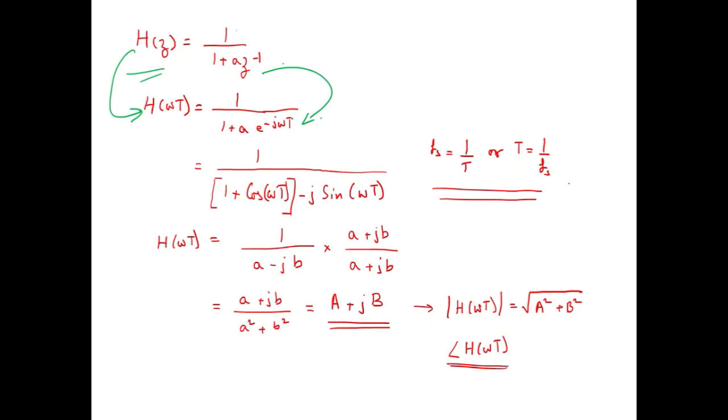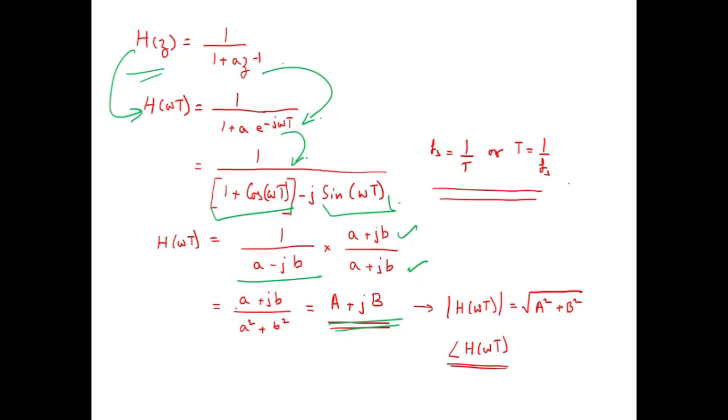That's why. Now again, when you break it down, you get a real component and an imaginary component. So it is in the form of a minus jb. You multiply both the numerator and the denominator with the conjugate of that number, and then you get a plus jb.